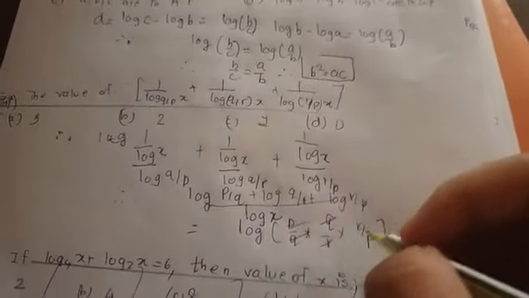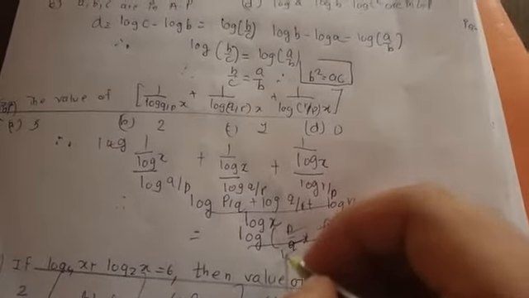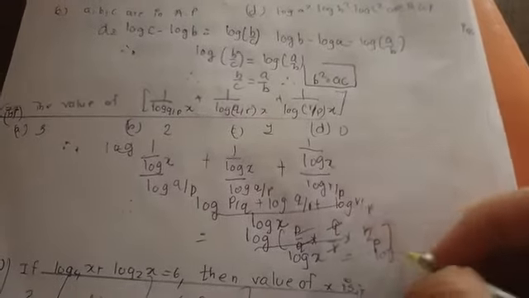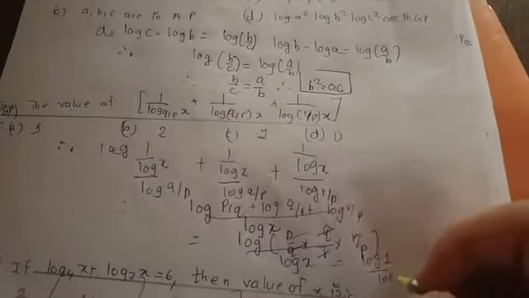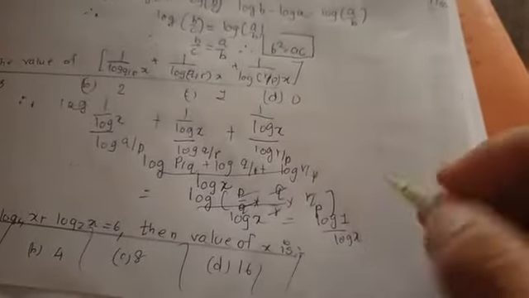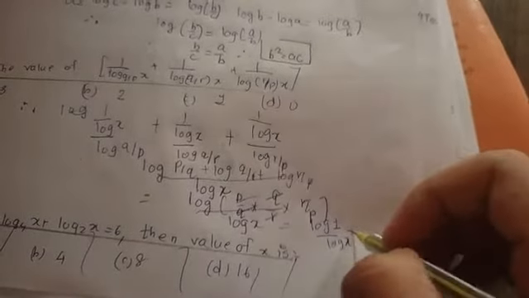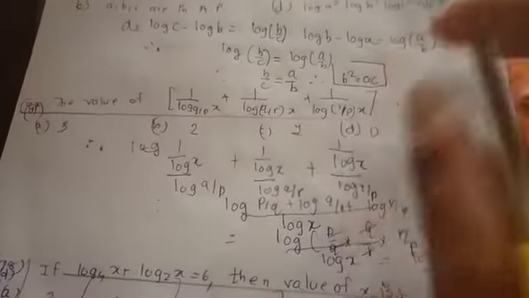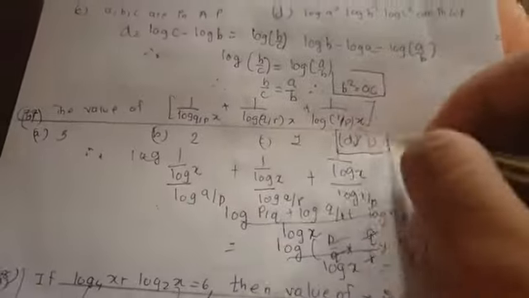Therefore, we find that the product of all this expression sums up to 1. Therefore, log of 1 upon log of x. Now, log 1 to the base anything is always equal to 0. So, the value of this expression, 0 divided by log x, always becomes 0. Therefore, in 77th question, option D 0 is correct.